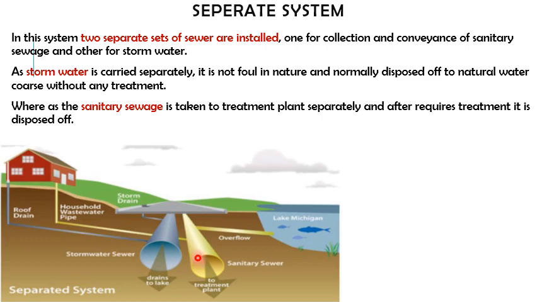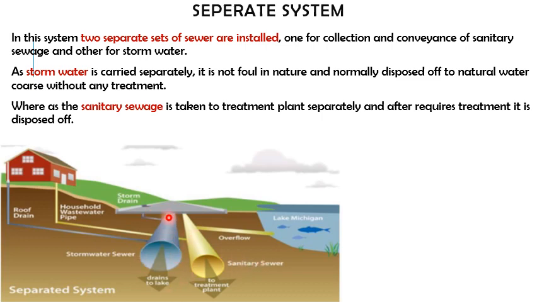This is one advantage. Another advantage is that it reduces the load on the treatment plant. Got it? If you mix this and this, automatically the load will increase, quantity increases, diameter increases. Everything is one-to-one connected. That is why we provide a double line.